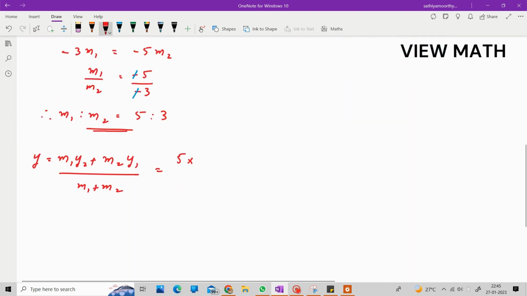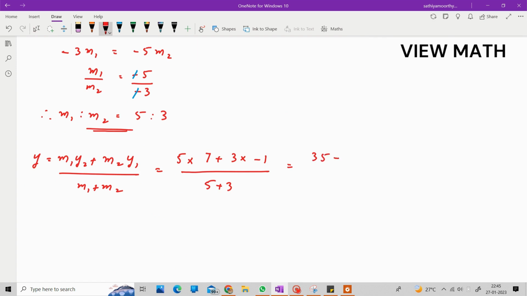So y is equal to (5 times 7 plus 3 times minus 1) divided by 5 plus 3. So this is equal to 35 minus 3 divided by 8, so this is equal to 32 by 8, which is equal to 4.